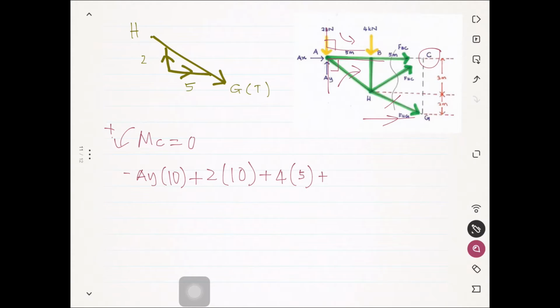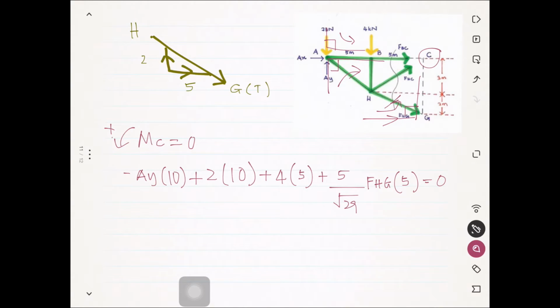From here to here we have 90 degrees anti-clockwise, plus 5 over root 29 FHG multiplied by 5 equal to 0.